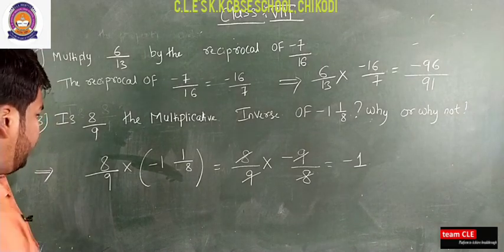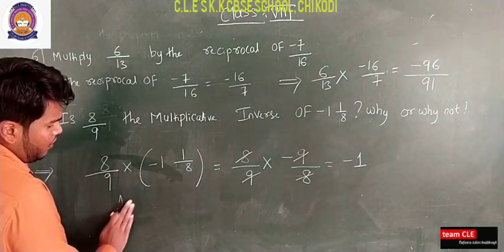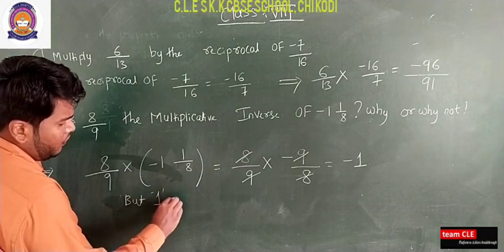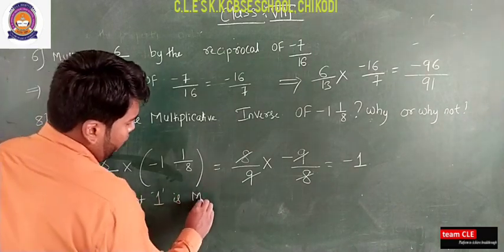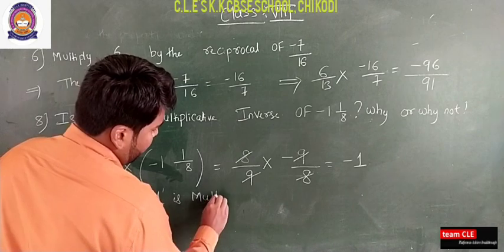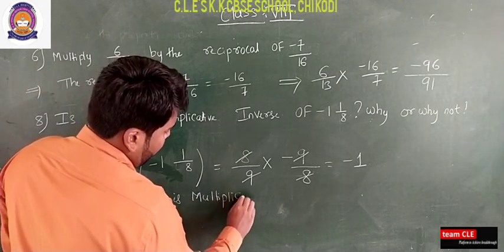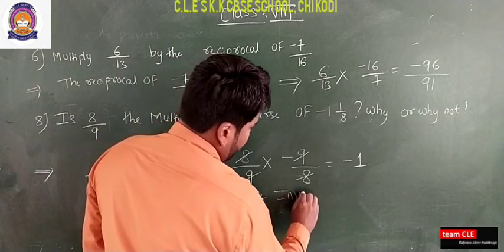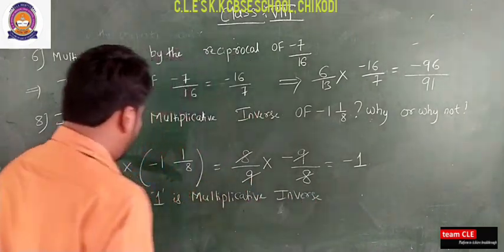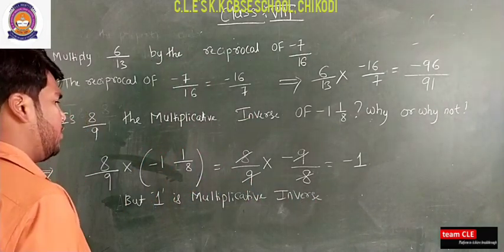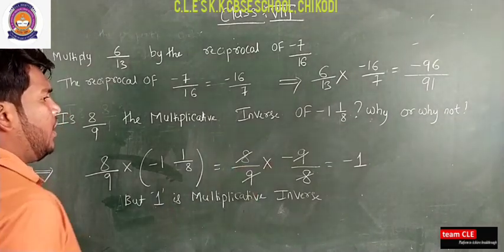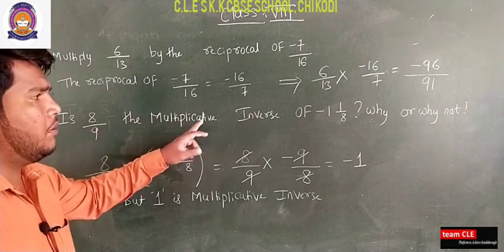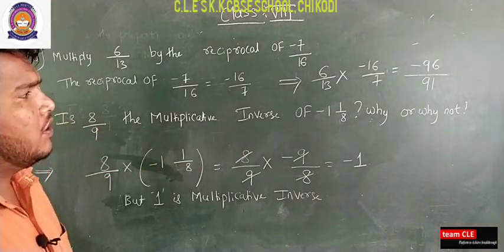As we know, 1 is the multiplicative inverse, but we got the answer as minus 1, which means 8 by 9 is not a multiplicative inverse of minus 1 integer 1 by 8.